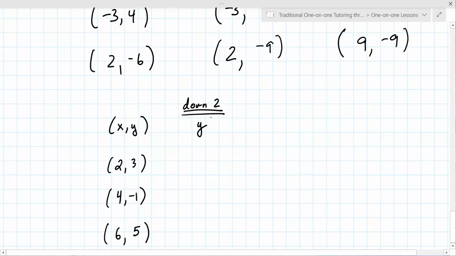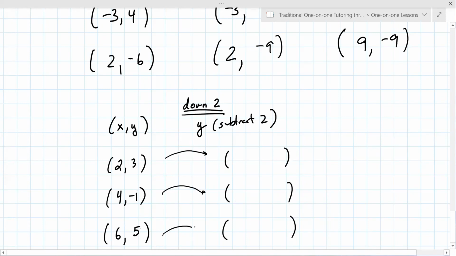And if you're going down, down means you subtract. So for each of these Y values, you're going to subtract 2. So I want you to come up with the correct ordered pairs here. Take about a minute and I'll check back with you.